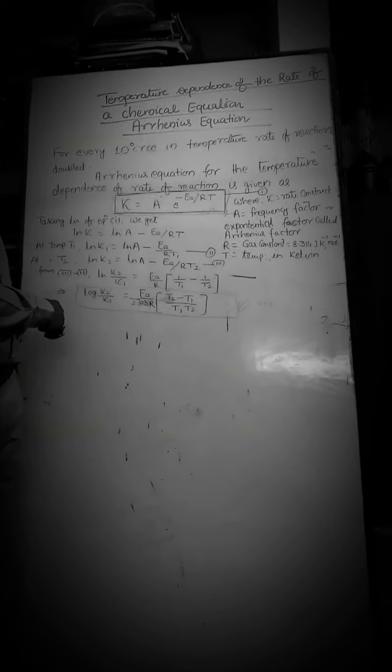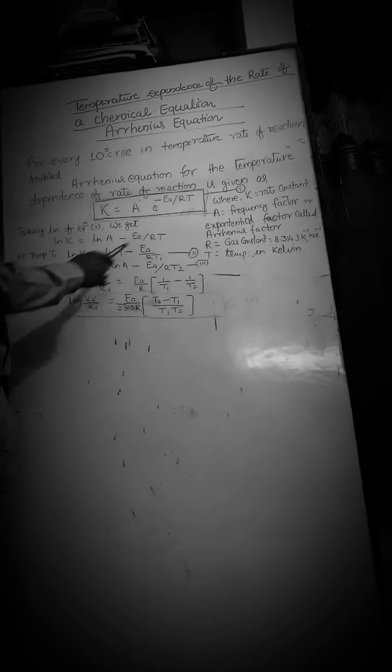Now taking ln of equation 1, we get ln K equal to ln A minus Ea by RT. At temperature T1, ln K1 equal to ln A minus Ea by RT1. At temperature T2, ln K2 equal to ln A minus Ea by RT2.